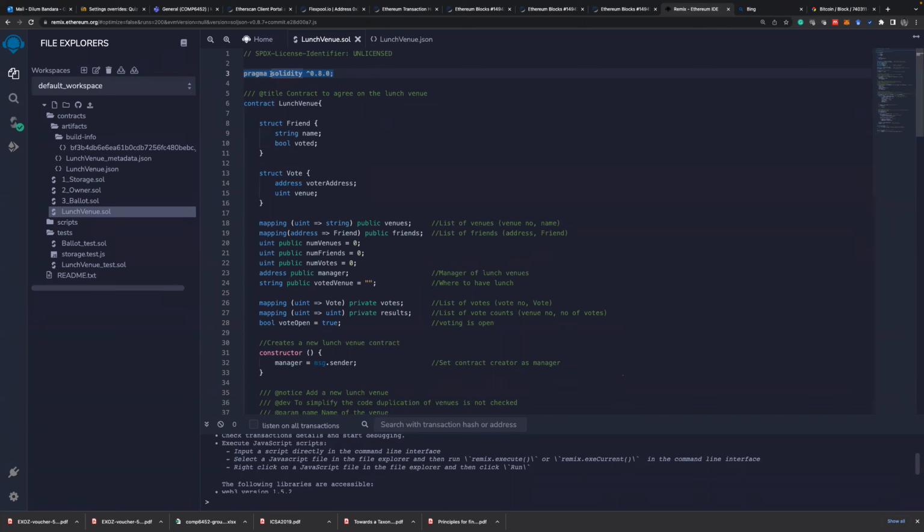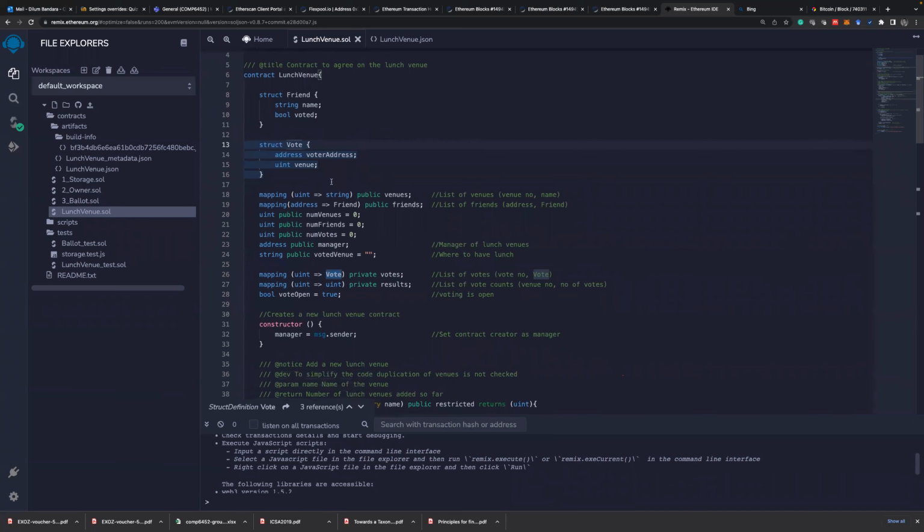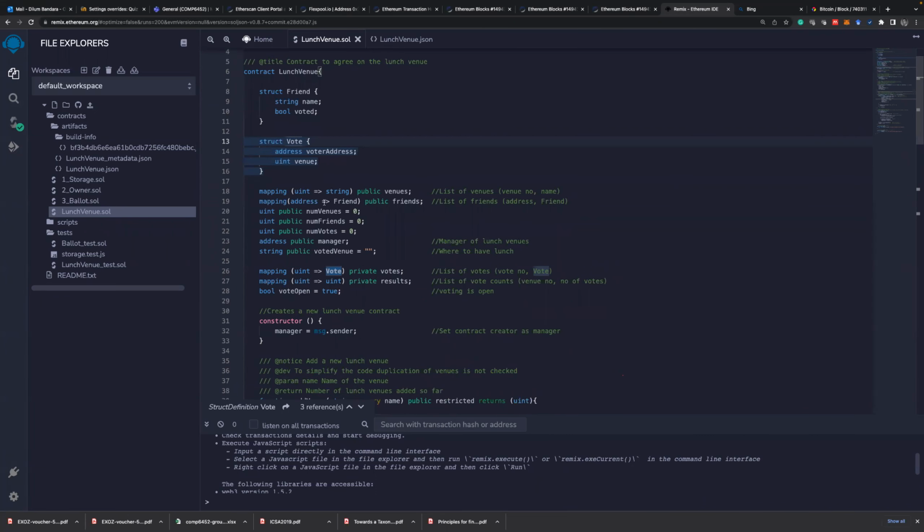This is written in a language called Solidity, under version 0.8.0. And then when it comes to deciding where you are going to have lunch, you decide who is going to vote and what are the places you are going to vote for. Let's say Pereira's Cafe or something like that. So you put some venues and you maintain these hash tables.